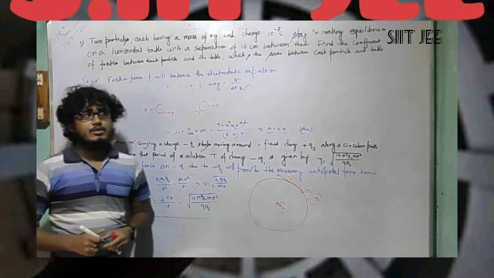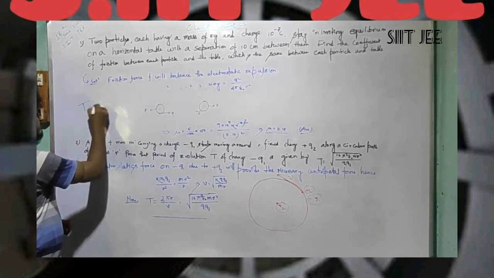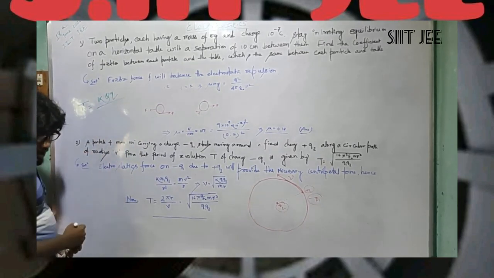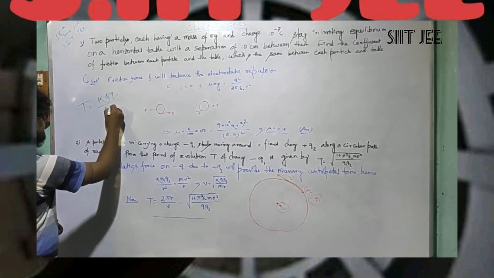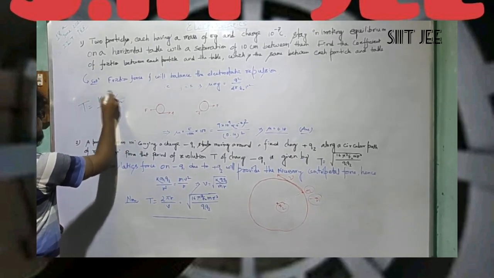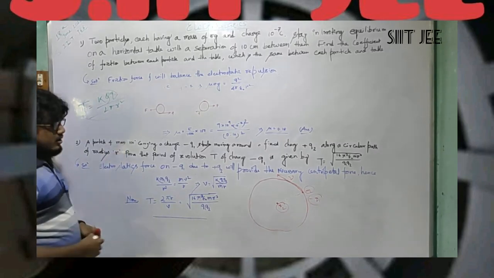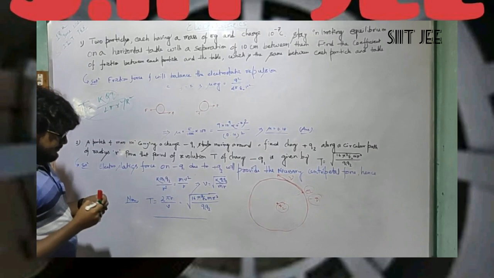Then T is equal to K Q and 2 pi r square, or capital R square.